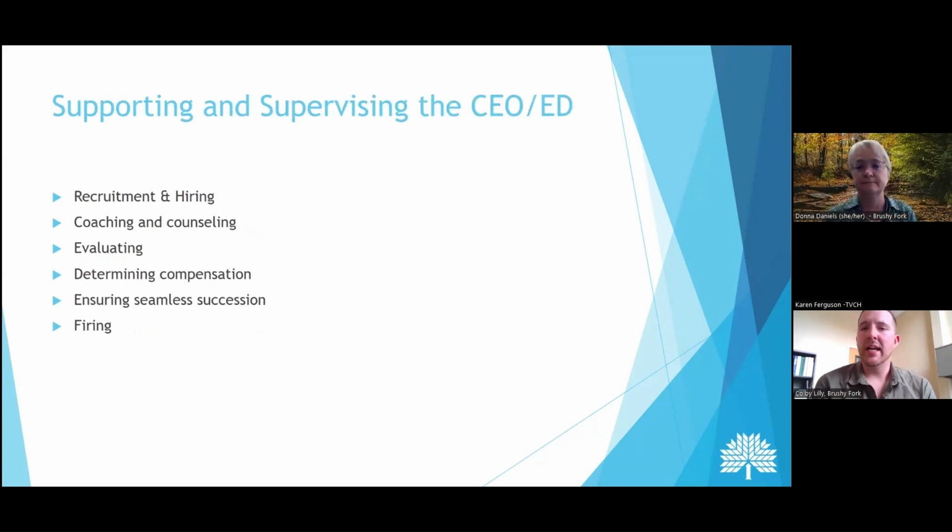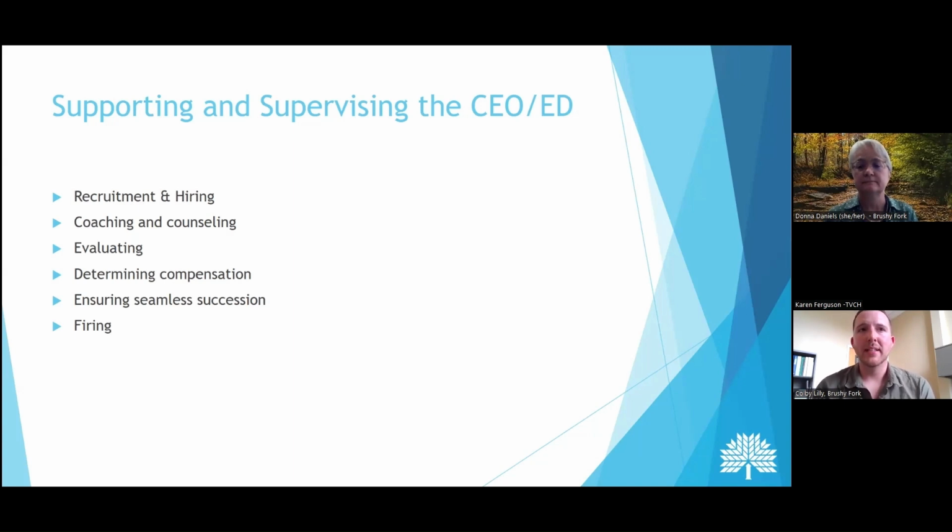So starting with supporting and supervising the CEO or executive director, the principal operational responsibility of a board is to select and oversee the performance of the organization's executive director or CEO, and most importantly, hiring that chief executive. This involves coaching and counseling so they can learn from the board's experiences and be successful in evaluating performance, determining compensation, and ensuring seamless succession.